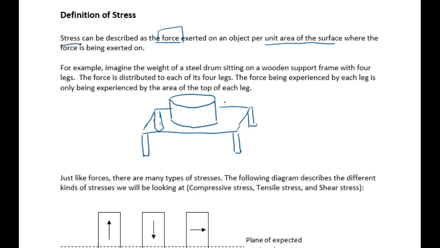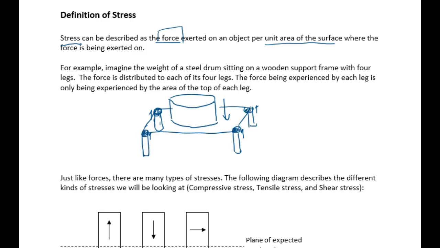We have this steel drum. Remember, it has a weight according to gravity that's being pulled down, associated with its mass. That force is being distributed over all four. We also have the force coming up in each of those, and the weight or the full force is only on the surface area of each of the legs. That's what's actually supporting it.